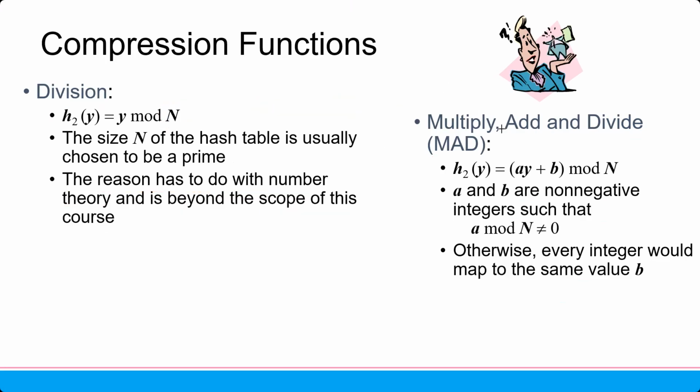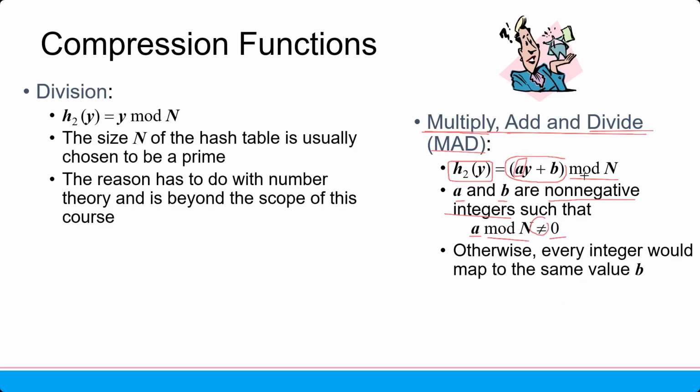And the other is the function for making the hash, that is multiply, add, and divide, or we call it MAD. So we have (aY plus b) mod N, where a and b are non-negative integers. If we do the mathematical operation a mod N, it should not equal 0.